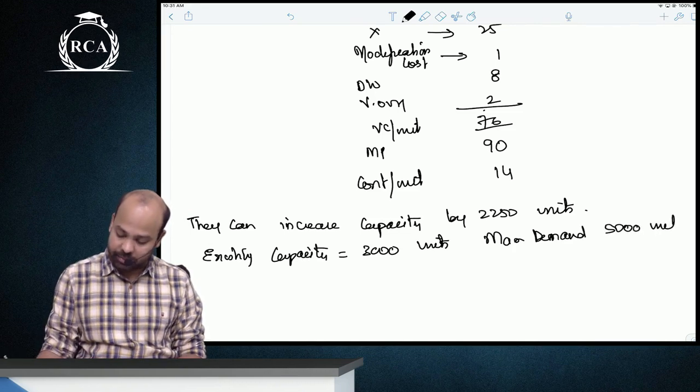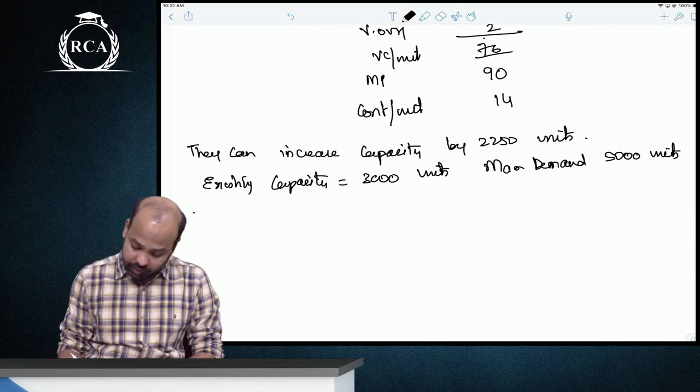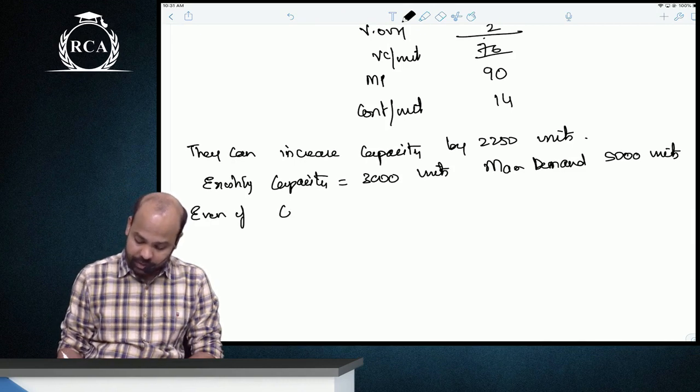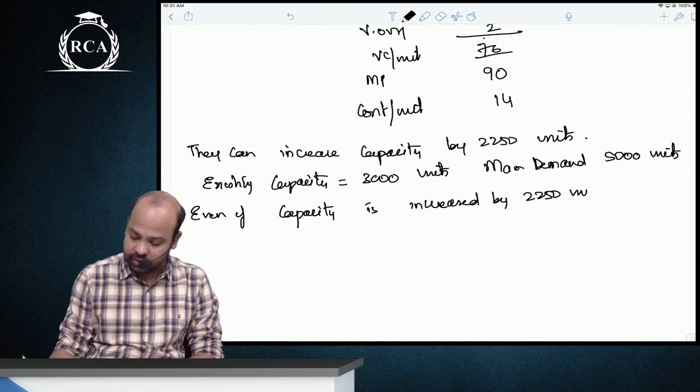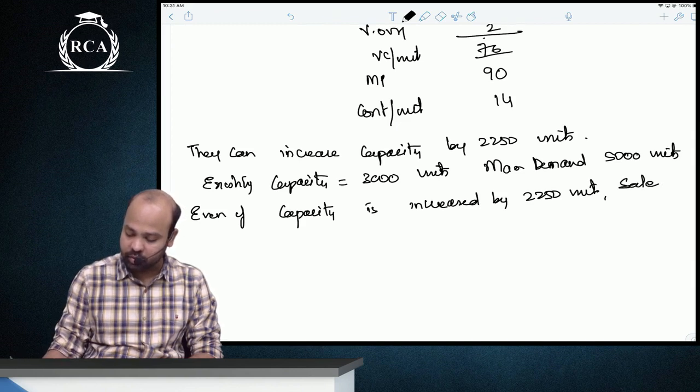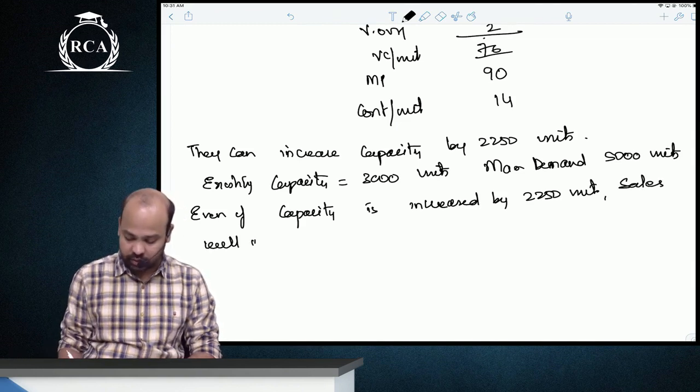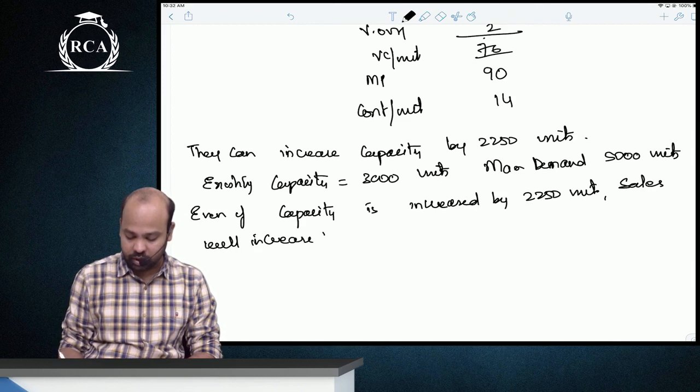So even if capacity is increased by 2250 units, remember, sales will increase by only 2000 units. Understood or not?